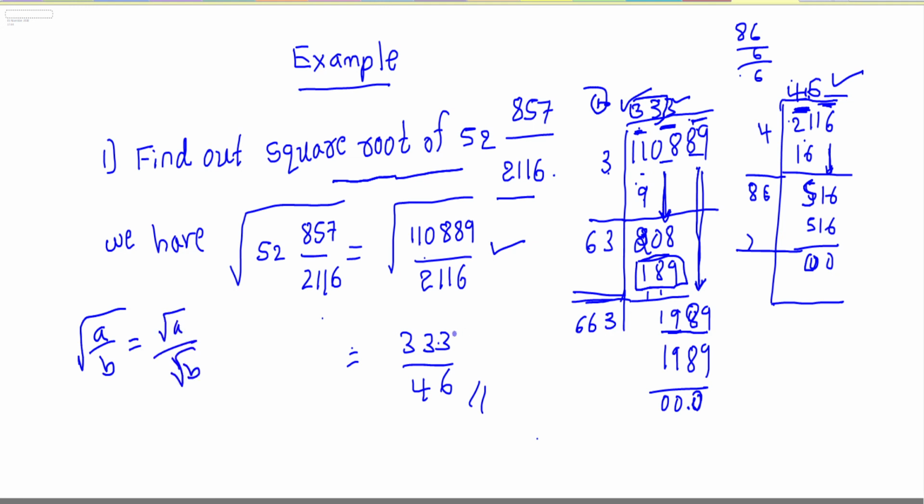Now this can be written as the square root of 110889 divided by the square root of 2116. The square root of this means 333, and the square root of 2116 means 46. This is how we can solve the example.